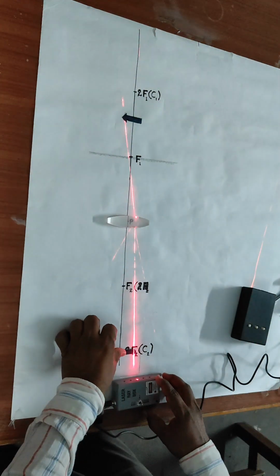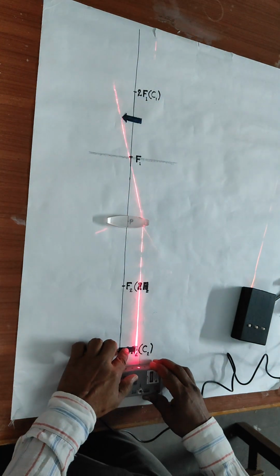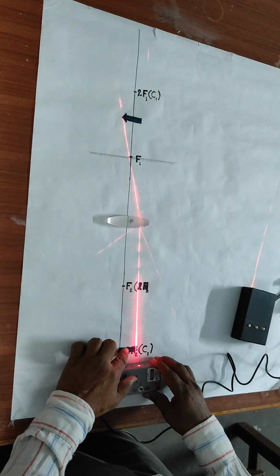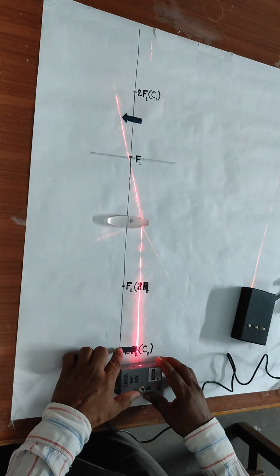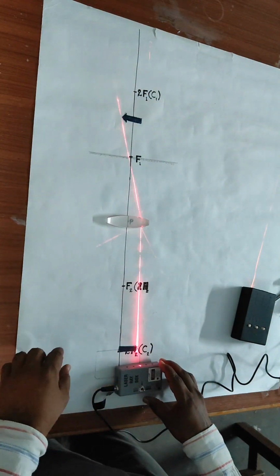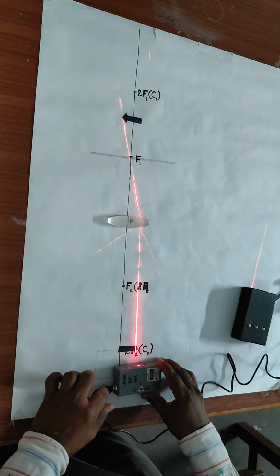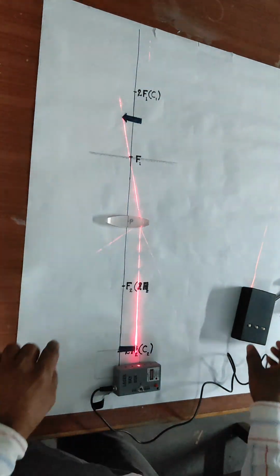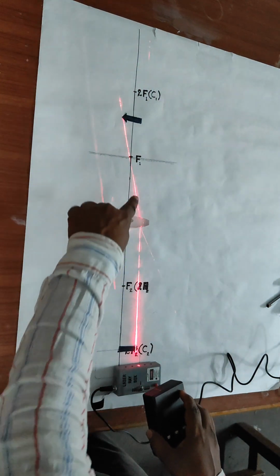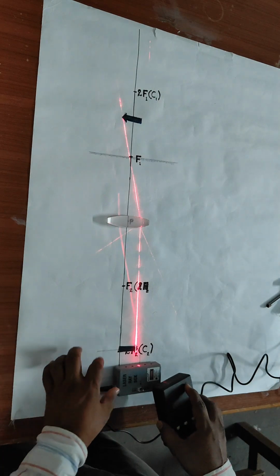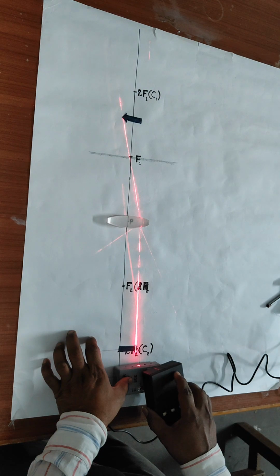Now let us keep the object at center of curvature. The first ray is passing parallel to the principal axis. So after refraction, it is passing through the focus, and the second ray we are taking is the ray which is passing through the optic center.